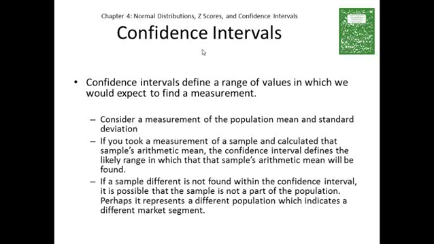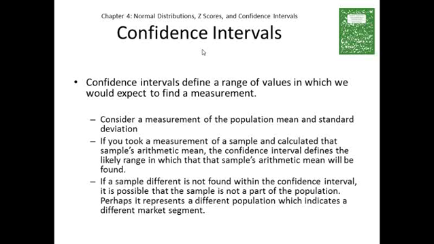If that sample average, so you're comparing x bar to the population mean, mu, using now standard deviation, is not found within that confidence interval, where the confidence interval will also require my standard deviation, then it is possible that the sample is not a part of the population.